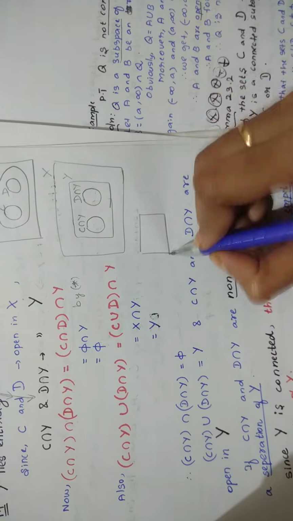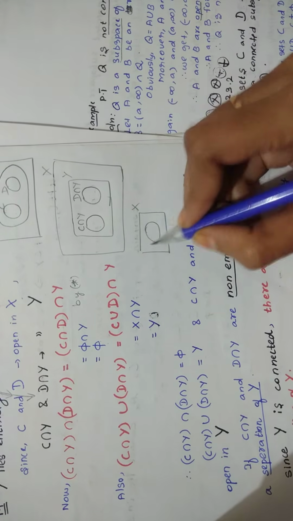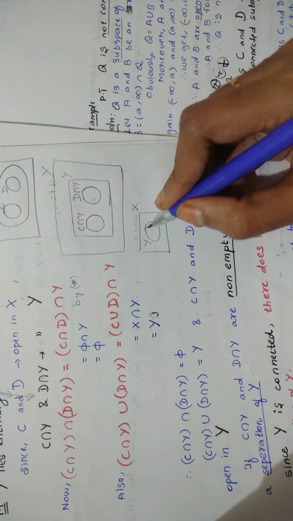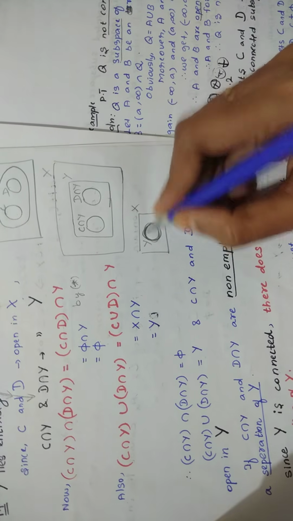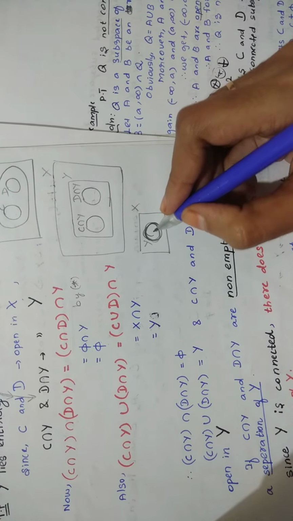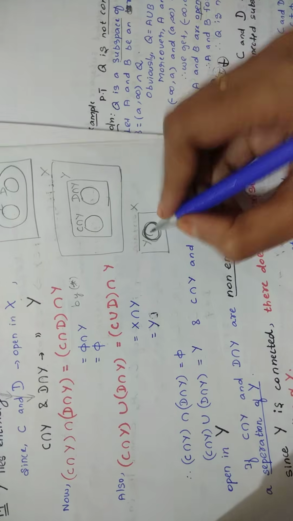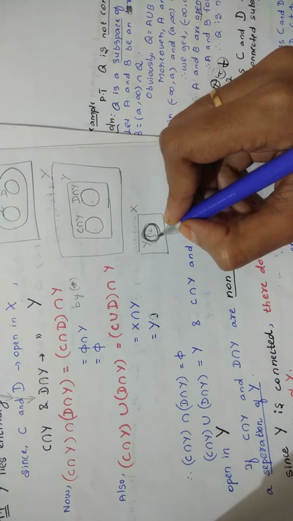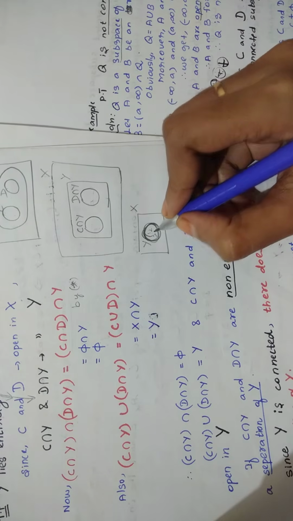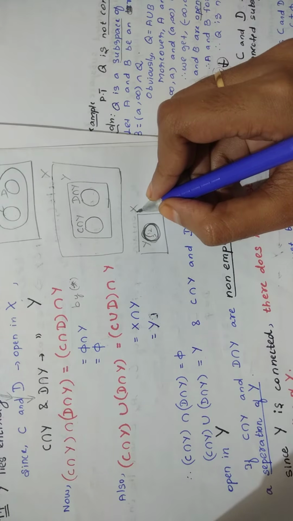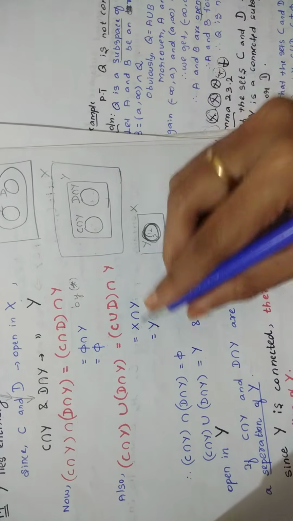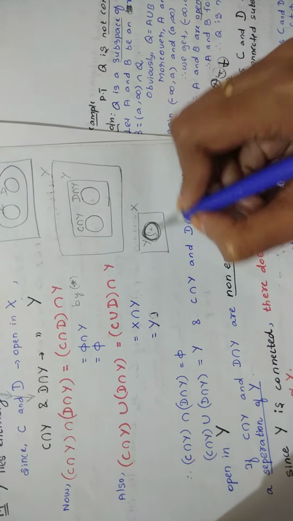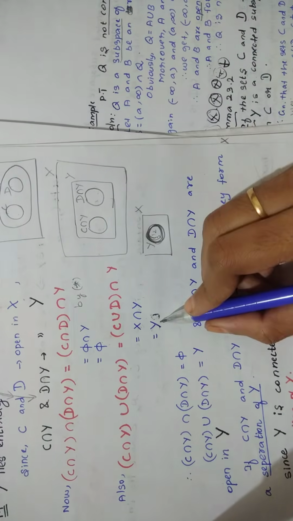Because here you can see X, here you can see Y. For example, if you consider 1, 2, 3 are the elements present inside this Y, it means these elements are also present in X, right? So when you find X intersection Y, what you will get? Y, right? So that is why you are writing this.